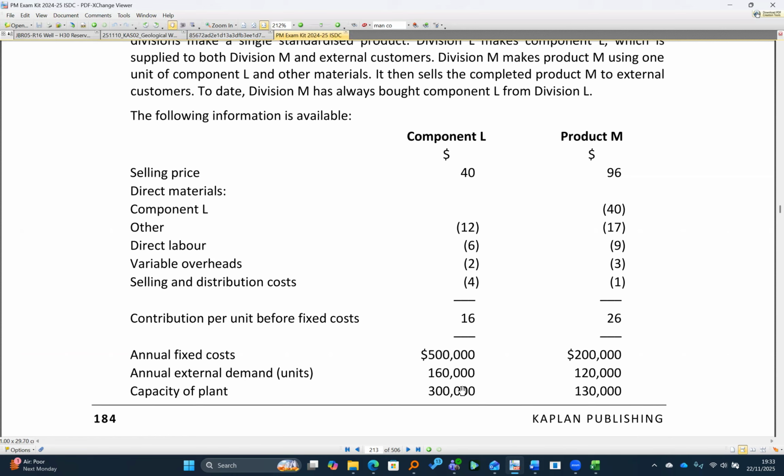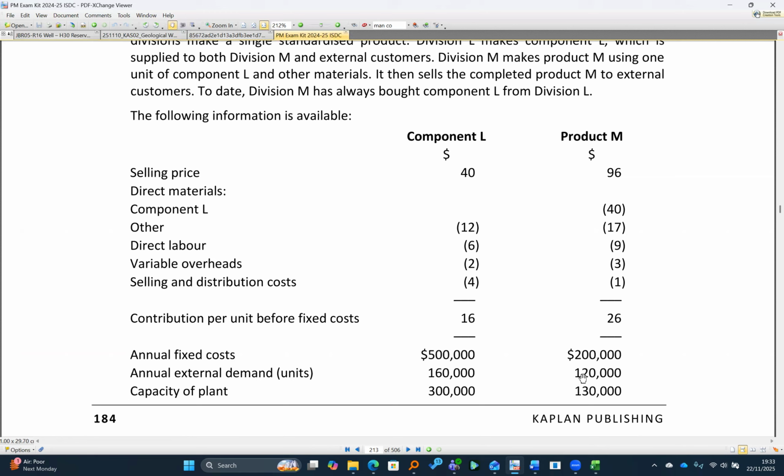Remember, I have capacity of making 300,000 units, and I've been able to sell externally and also to division M. So that means that if I lose division M, I have lost 120,000 units.